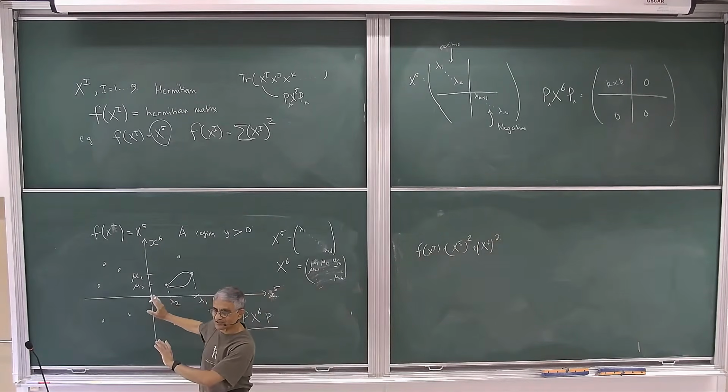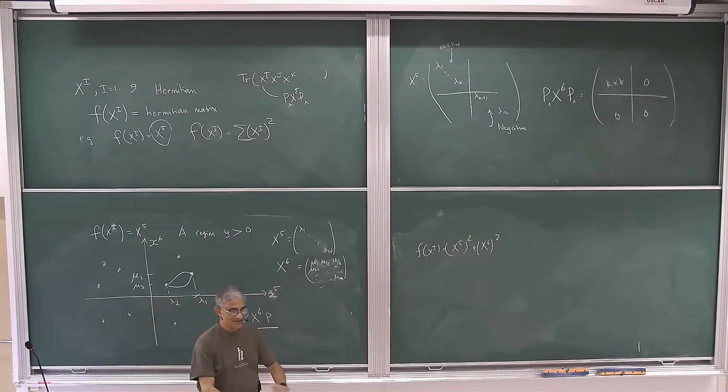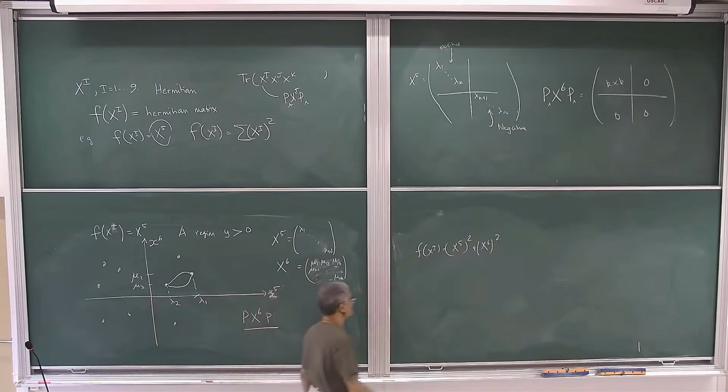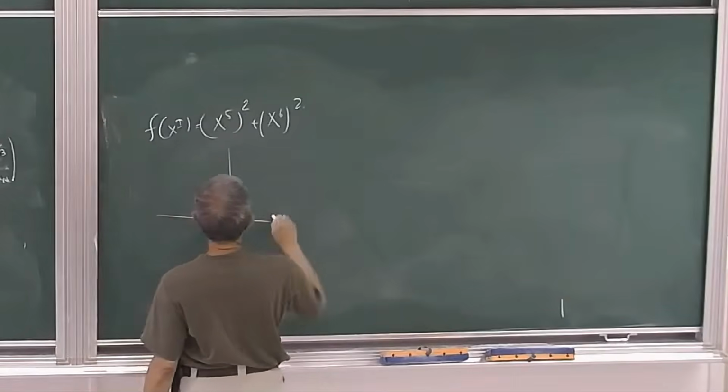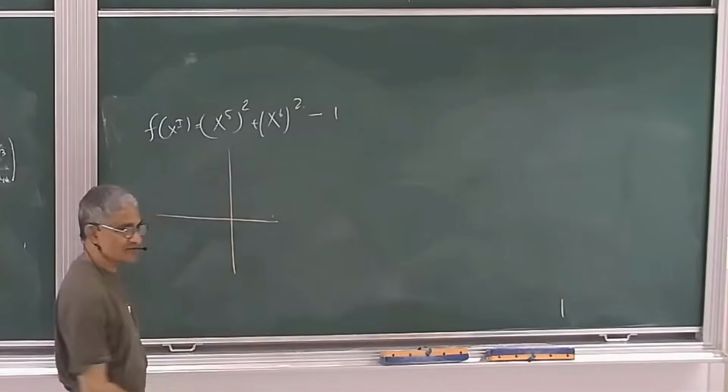Don't attach any physics to this picture yet. So in terms of those pictures, what you will do is say -1. That's our Hermitian matrix. Okay.